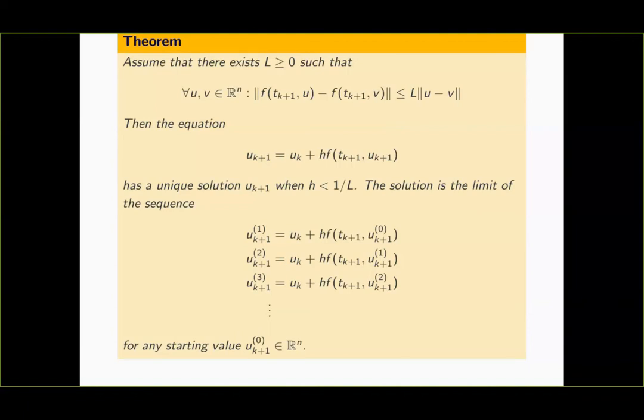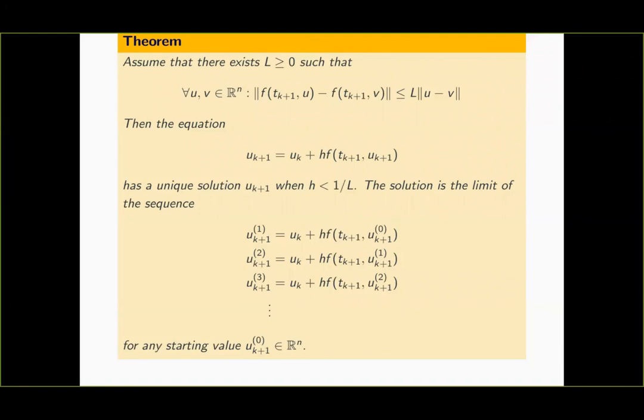Furthermore, that unique solution can be obtained by the following computational procedure. Namely, I take any starting value, u_{k+1}^0, in R^n, and then I compute u_{k+1}^1 being u_k plus h times f of t_{k+1}, u_{k+1}^0.